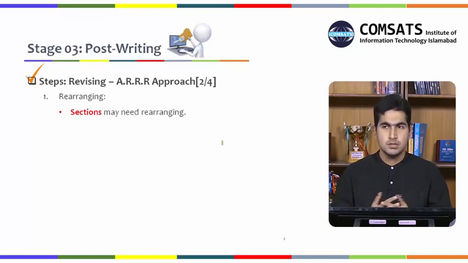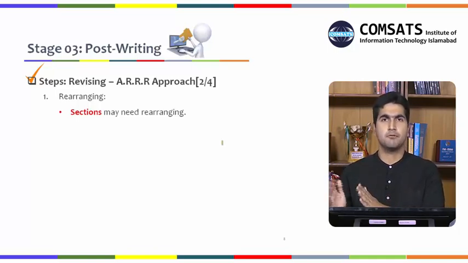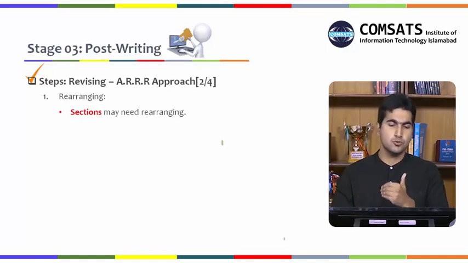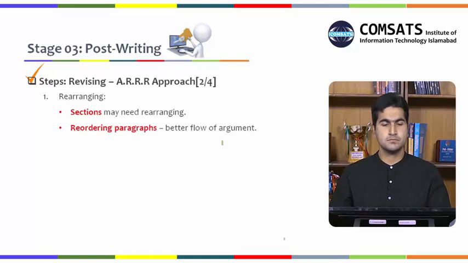For example, there could be a possibility that at the first occasion you realize that this thing is more important and you are writing it first, but after giving it a break, after that peer review and your own self-review, you realized that this point turns out to be more important, which you have written in the middle or at the end, but as recommended by your friend, your peer, and your own analysis, you realize that it should really come at the top, and that will make the right order. So there is a possibility of rearranging, and this is the time in which you have to point it out for you to just simply come up with this change.